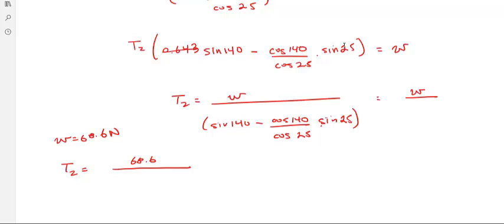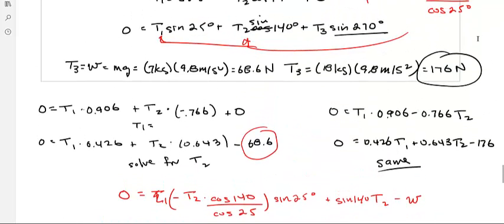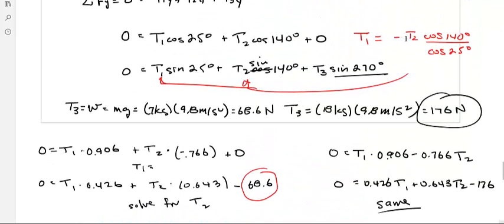So let me pause for just a second. Okay, well, I guess it does actually do that. So this actually is 1. It's interesting. There's got to be some trig identity reason why this is the case, because it wouldn't normally happen this way. Anyway, we got T2 is 68.6 newtons.